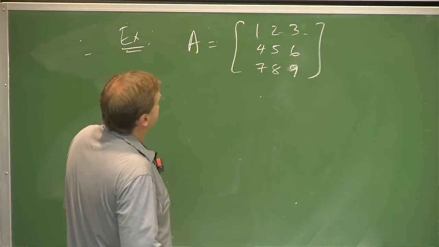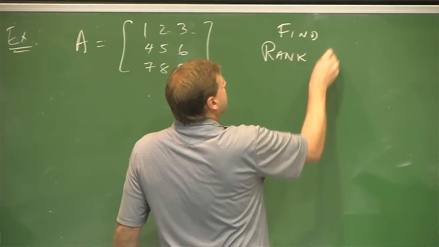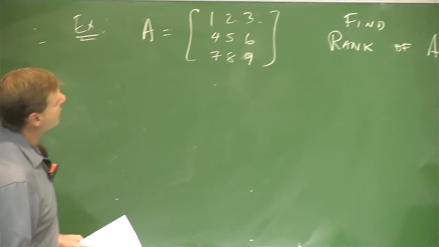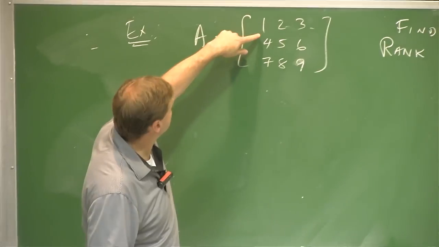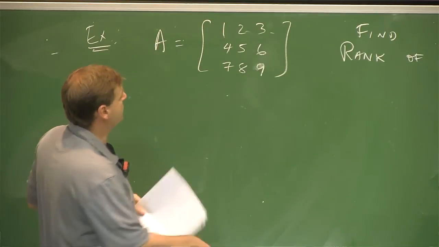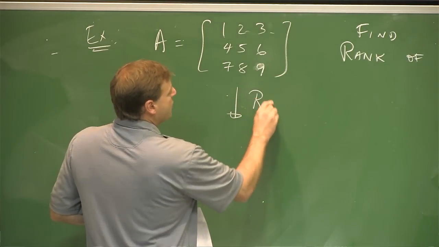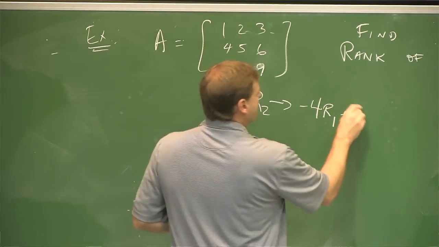All right, so let's calculate the rank of A. This one's a little bit worse than the last one because I have more numbers and no zeros to play with. But I'm going to take that upper left-hand corner as my pivot and just start making some zeros. The first thing I'm going to do is replace row 2 with negative 4 row 1 plus row 2.